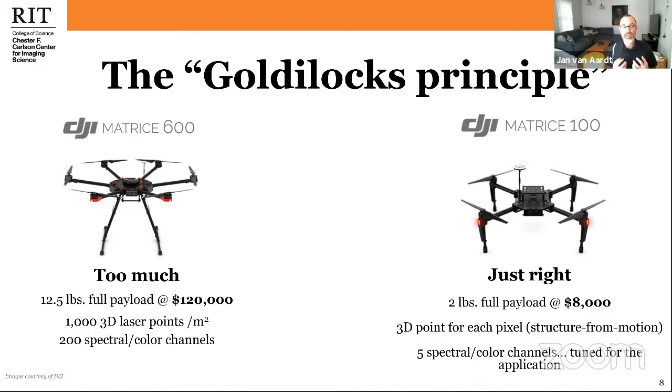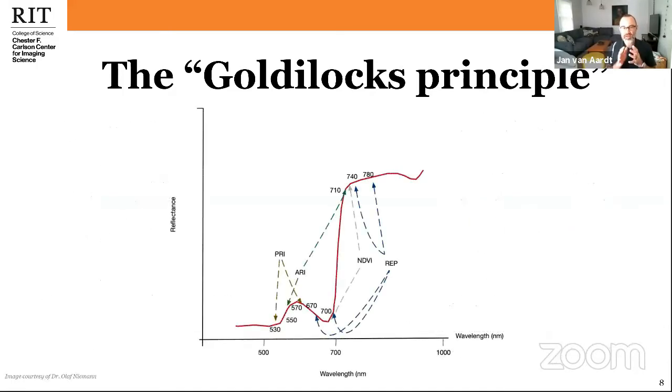We just do it for research to determine exactly which wavelengths and which structural information we need for a specific application. We very much take the philosophy of going from this expensive research drone to the cheap operational drone that is specific and tailored for a specific application like nitrogen assessment, moisture assessment. So that's the idea, is to go from too much to just right.